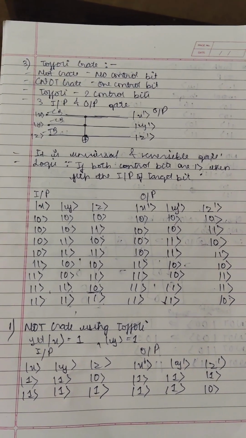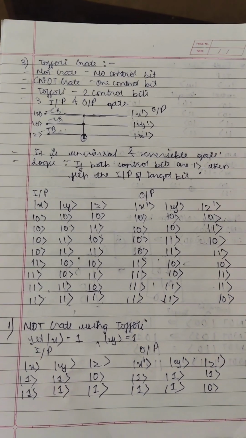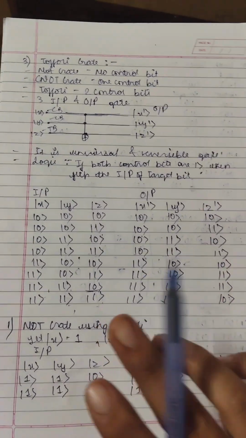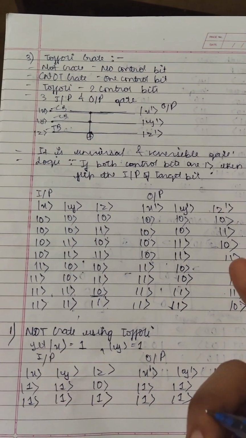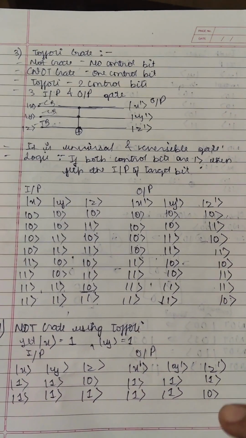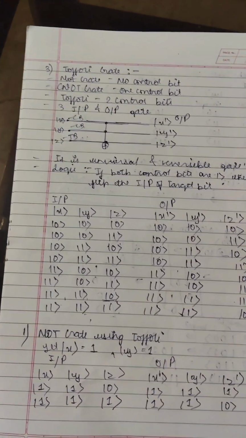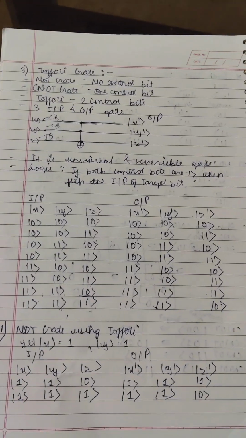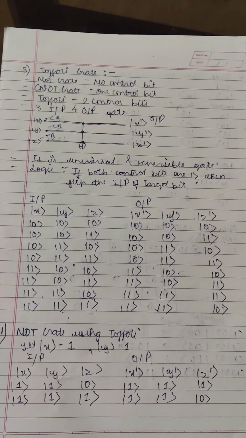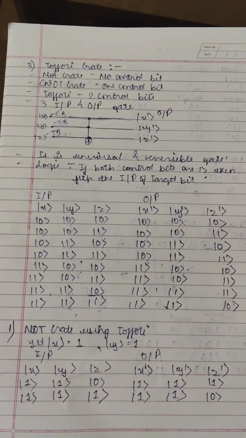As we have understood previously, a NOT gate is simply a gate that flips the input into the output. If we give input 1, we get output 0. So it is very easy to make a NOT gate using Toffoli and CNOT. In this way the topic of the Toffoli gate comes to an end.